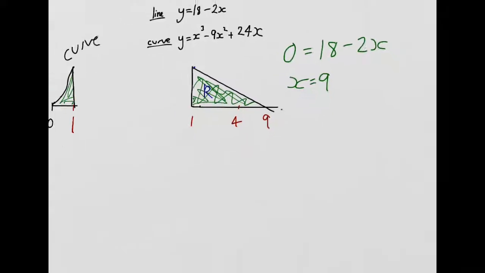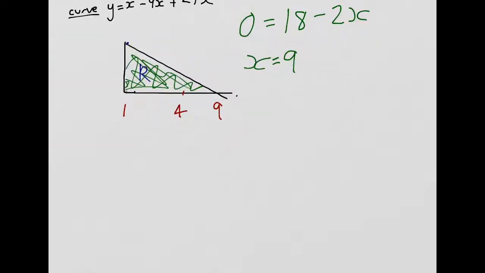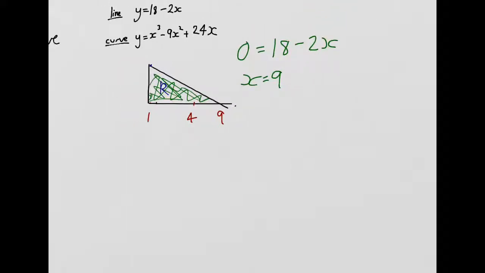So let's start off with finding the area of this triangle. So the easiest way will just be to do half of base times height. To find the height of this though, we're going to need to work out what the x-coordinate of our intercept was. So the x-coordinate was 1, we can substitute that into either of our equations to find out what the height of this triangle is. So let's stick with our line equation, put 1 in, and we'll get 18 minus 2, x is 1, that's going to give us 16.